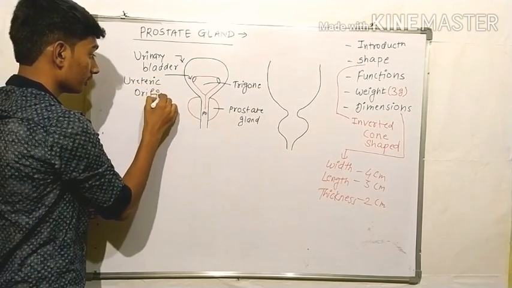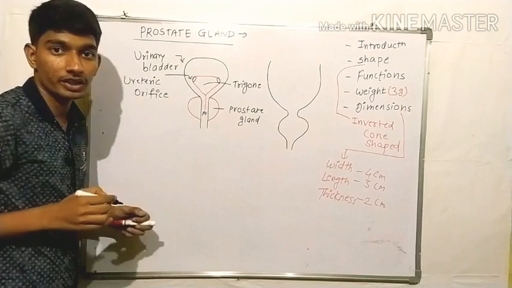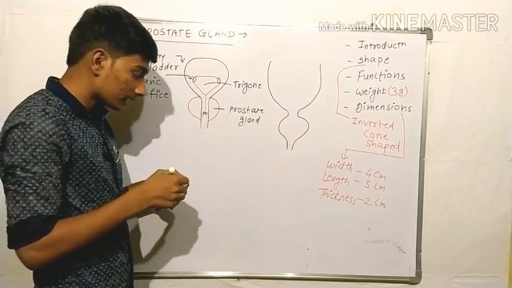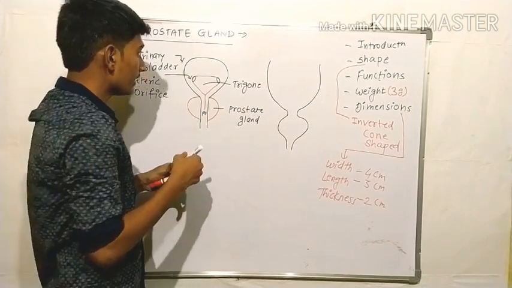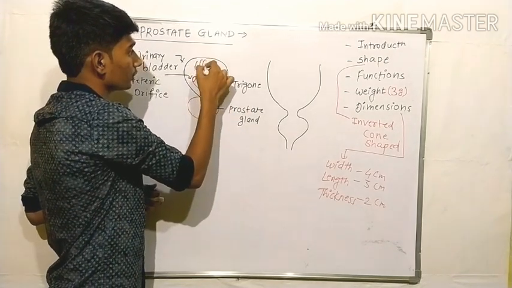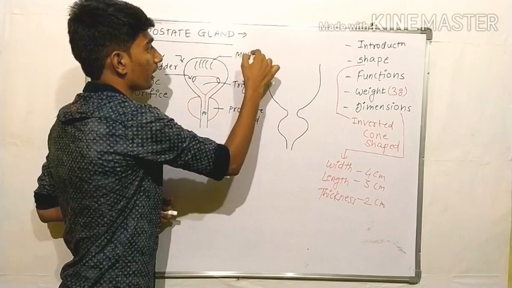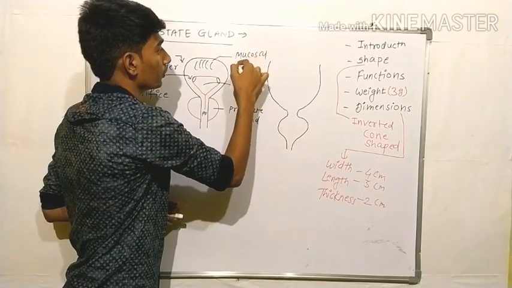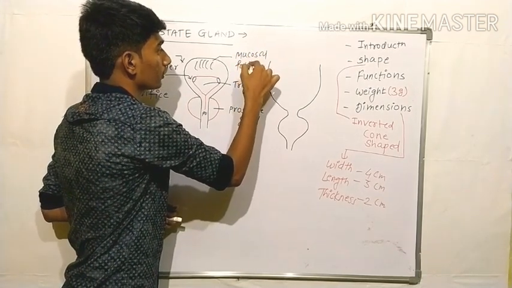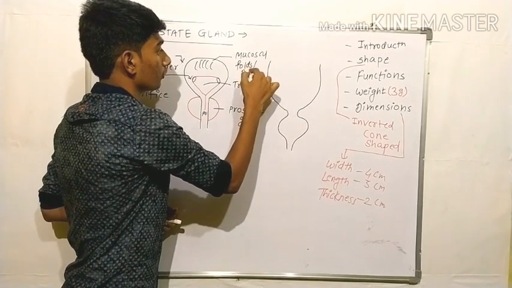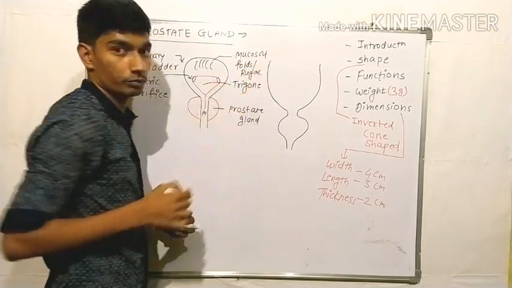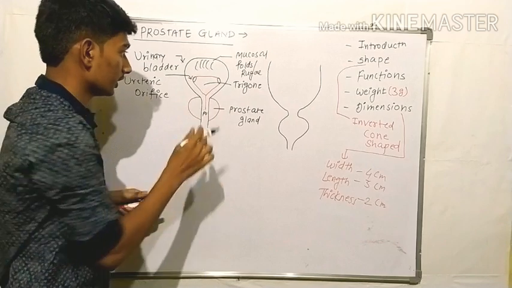This bladder has certain mucosal folds, known as mucosal folds or rugae.